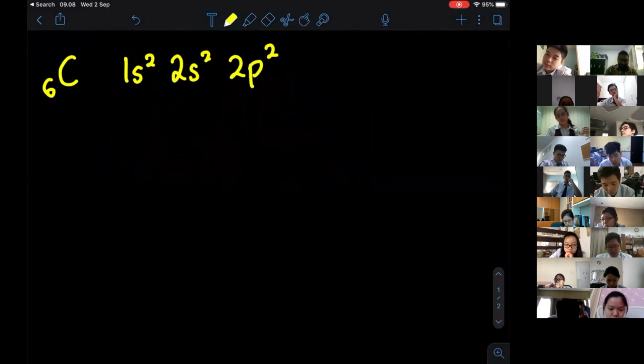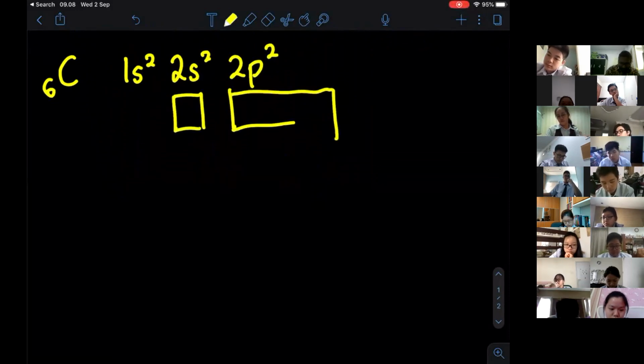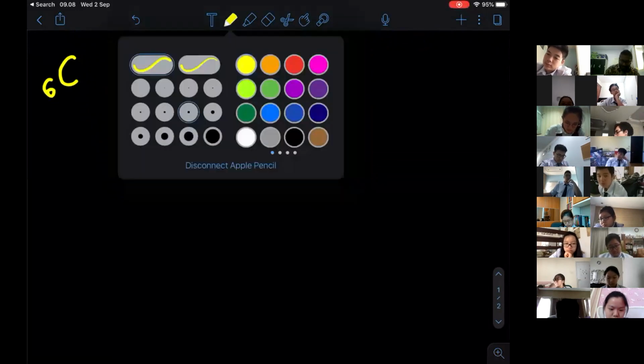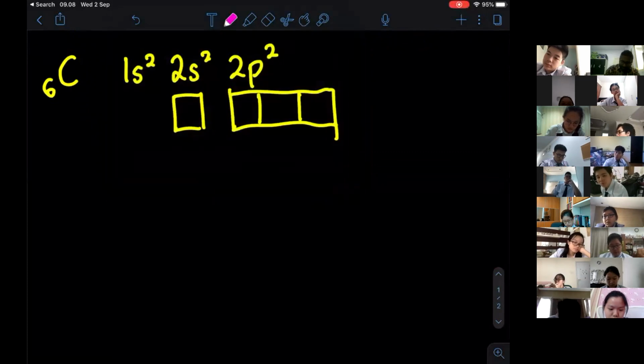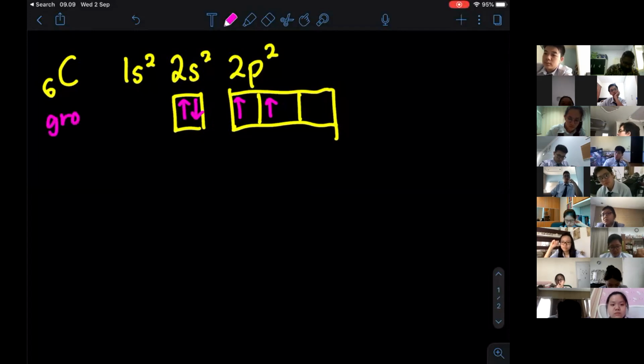If I draw this in terms of boxes, I write it like this, and then put in the electrons, one here and here. This one is called the ground state. It is always the ground state, and they are not ready for bonding.